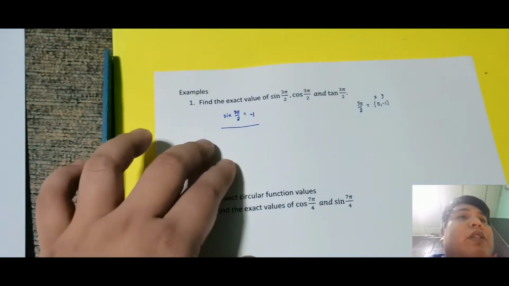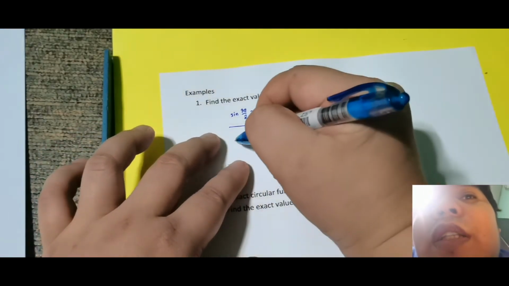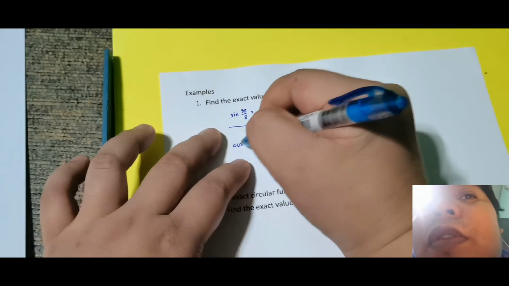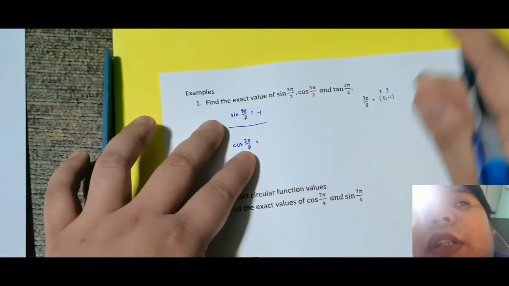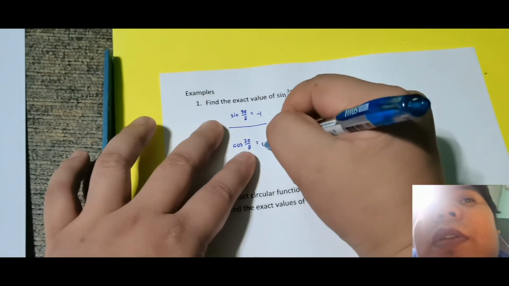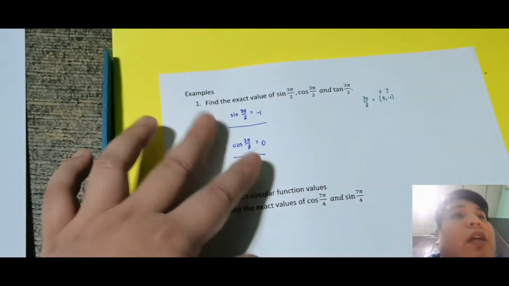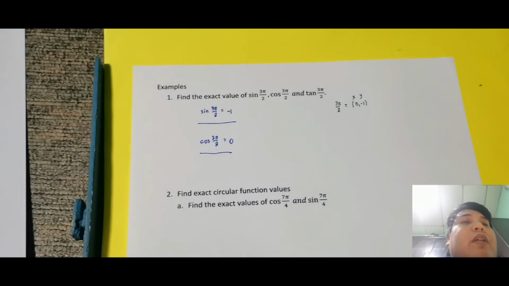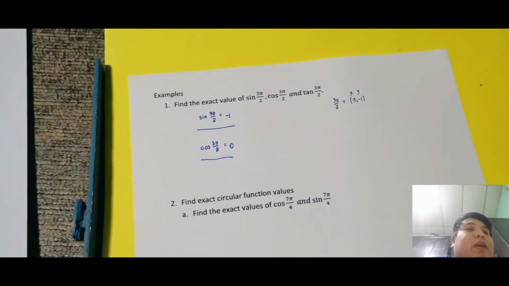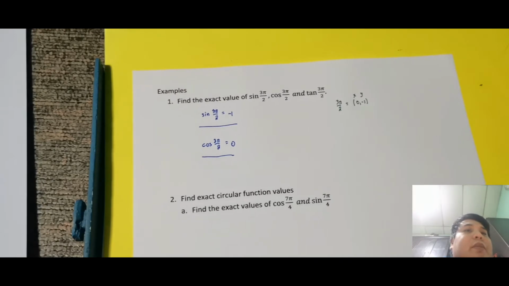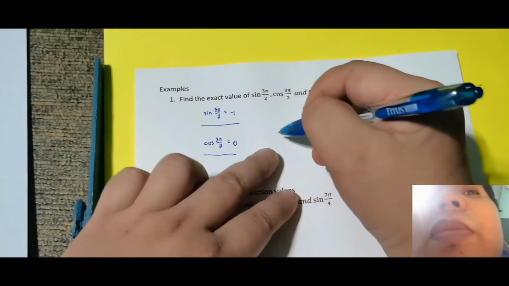Next, cosine 3 pi over 2 is simply equal to x, which is 0. Next is the tangent. We know that tangent is y over x, since those are the coordinates. So, tangent 3 pi over 2.